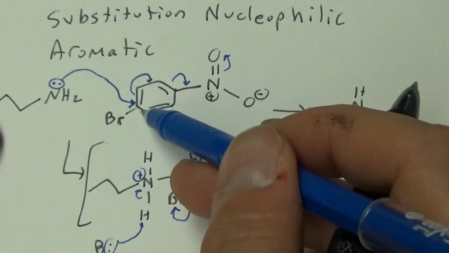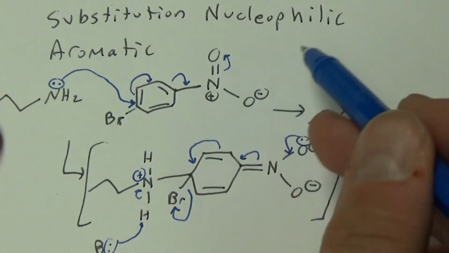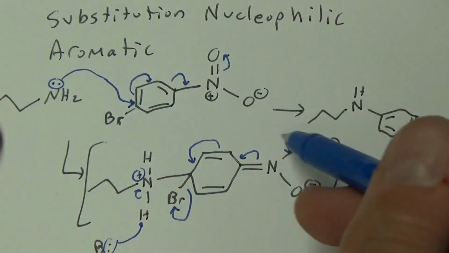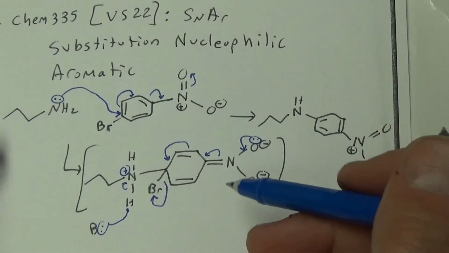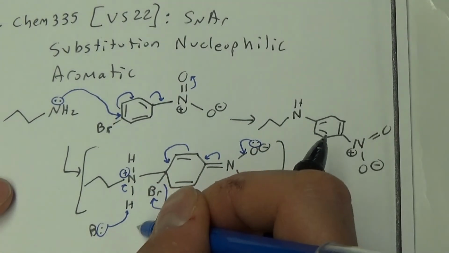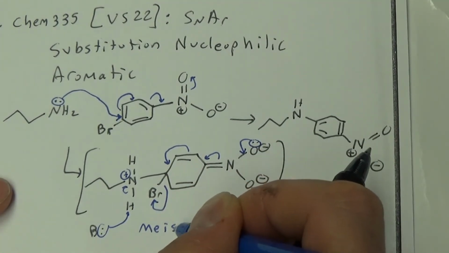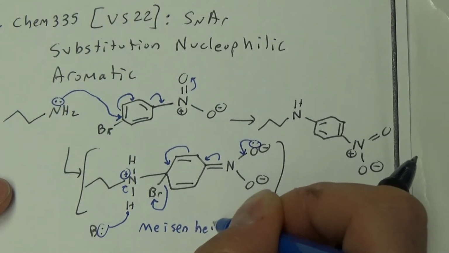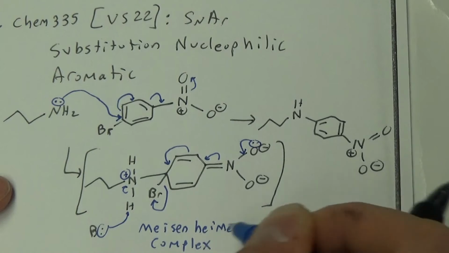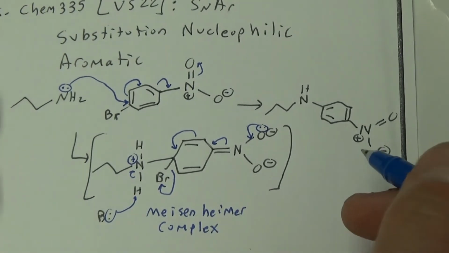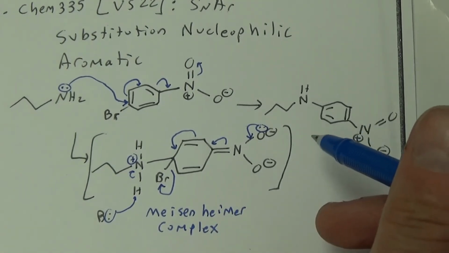The nucleophile attacks, electrons go all the way to the nitro, and then it swings all the way back and kicks off the leaving group. And this complex actually has a name. It's called the Meisenheimer complex.